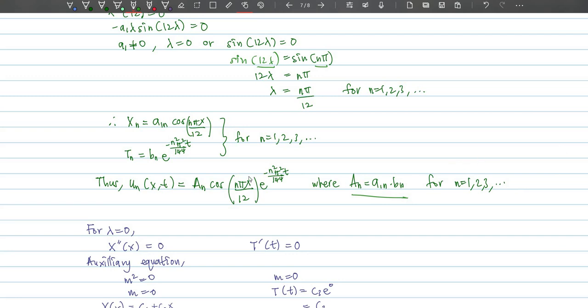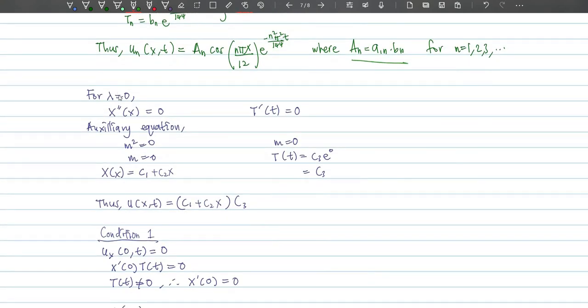Okay, next we need to solve for when lambda equal to 0. For lambda equal to 0, we need to restart again from the PDE. So here we have X''(x) equal to 0. And using auxiliary equation, we have m squared equal to 0, where m is equal to 0. That means the root is repeated and it is real.